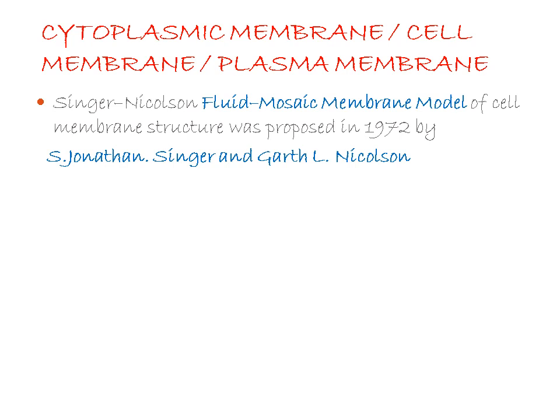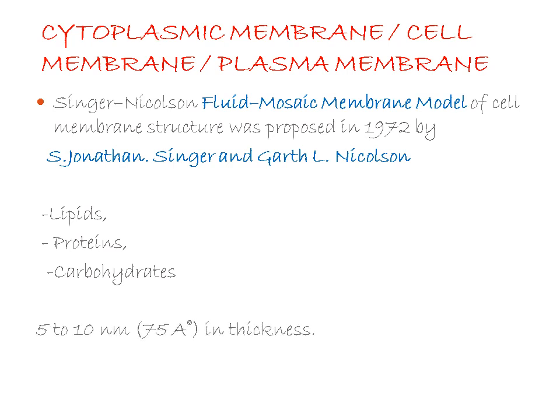So what does this cytoplasmic membrane consist of? Its constituents include lipids, proteins, and carbohydrates. These are the broad classifications. We'll go into the detail of each of these later on. And the thickness of the cytoplasmic membrane is about 5 to 10 nanometer or 75 angstrom.